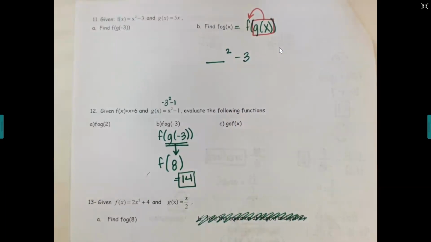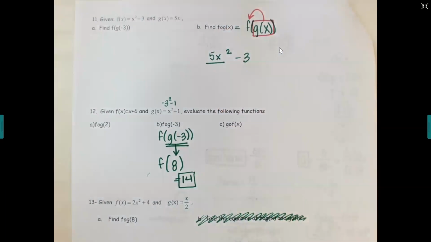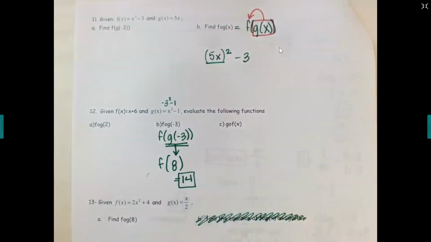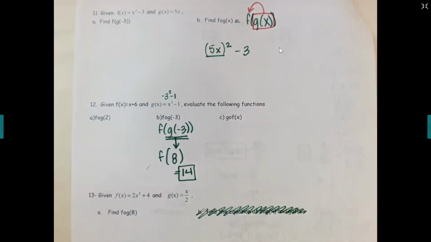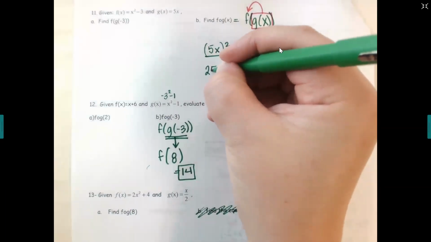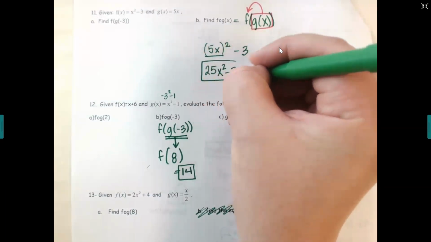What is my G formula? 5x. Is that right or wrong? Wrong. Got to put what? Parentheses. Very good. And remember, the reason that matters is I'm not just squaring the X. I'm squaring the 5 and the X, right? So what's 5 times 5 for the 5 squared? And then X times X would be X squared minus 3. Okay.